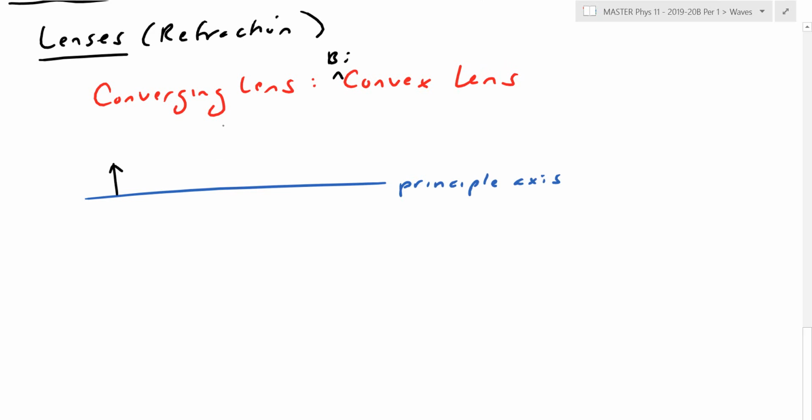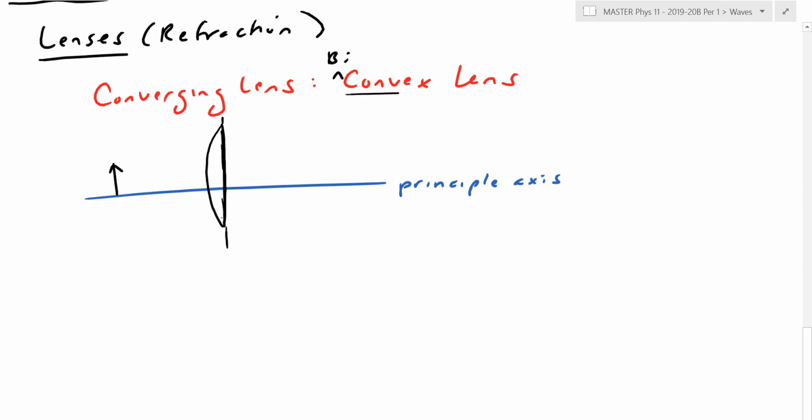This time your lens, I'm going to put a sort of dotted line to it. Your lens, truly speaking, is going to have some thickness. But we're going to pretend that the thickness is very minimal. Because realistically, if I wanted to have a convex lens, I want to have the bulge sort of point out towards me. I could have a convex lens here that's just flat on one side and curvy on the other.